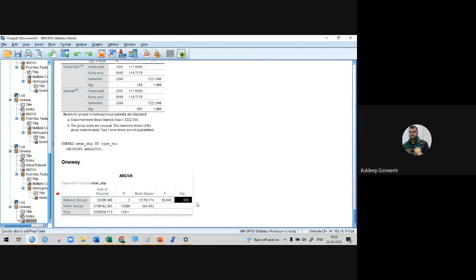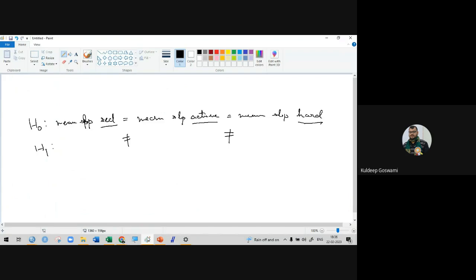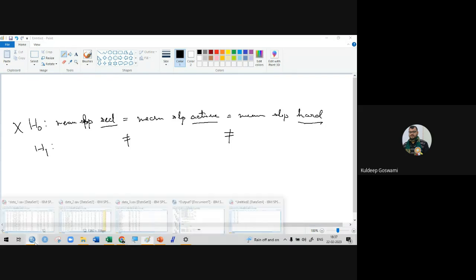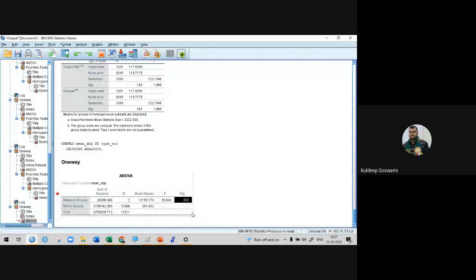Okay, which means the H0 is not true. But we want to check which category is responsible for this significant value, whether all three categories are responsible for this significant value or only one or two categories.